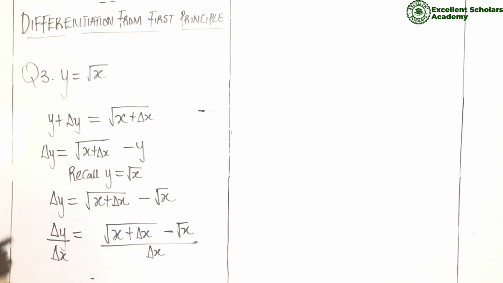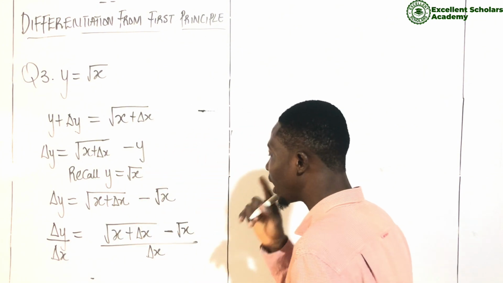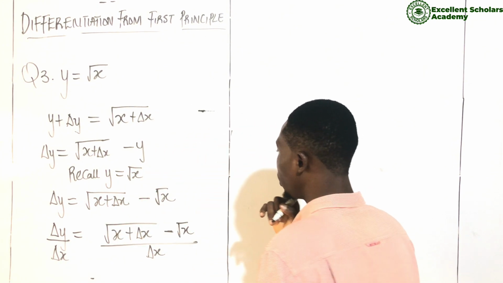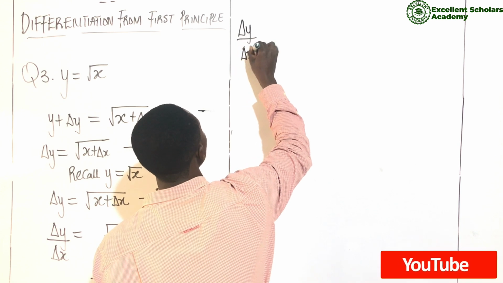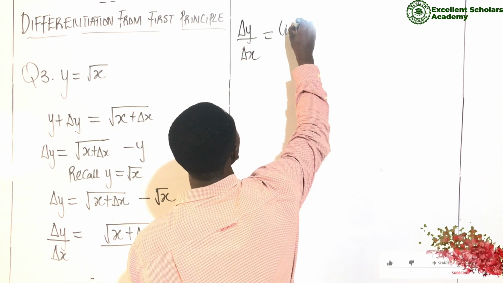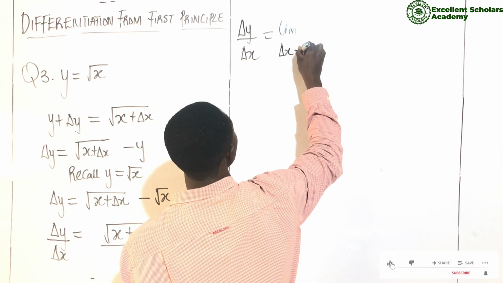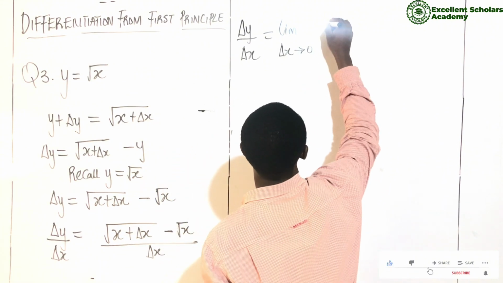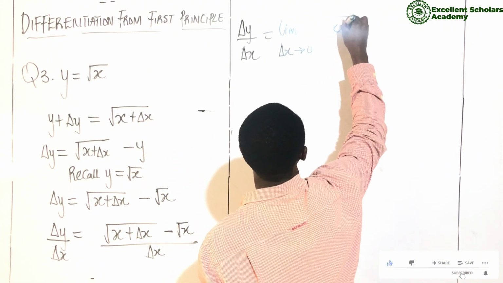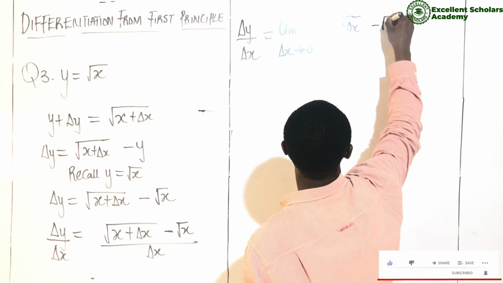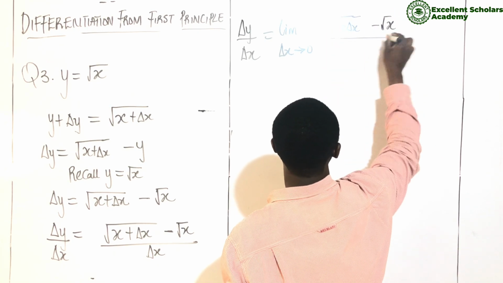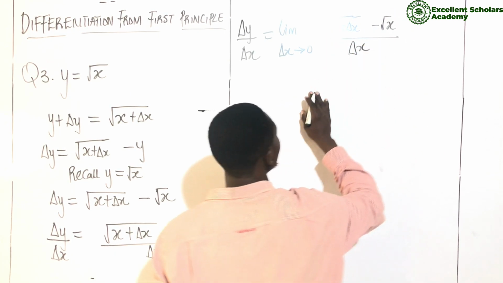Now, the next thing we're going to do is take the limit as change in x tends to 0. So it becomes small increment in y over small increment in x equals the limit as change in x tends to 0 of root x plus small increment in x minus root x, over small increment in x.